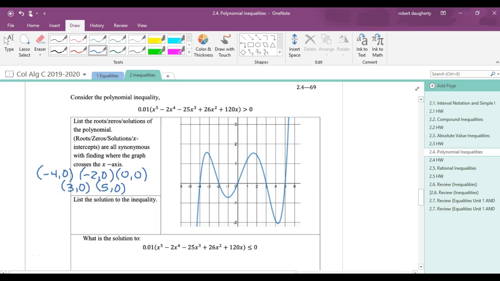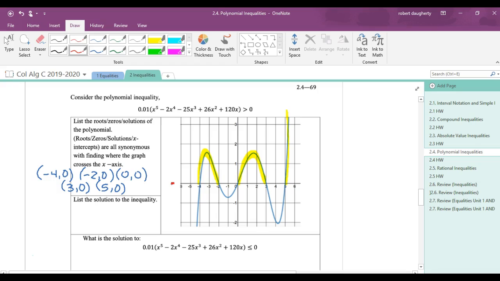Now, I'm asking for where is this greater than 0. So on the graph, it might help to highlight greater than 0. That's this part of the graph, this part of the graph, and this part of the graph. Now, the answer comes on the x-axis. That's why I always travel on the x-axis from left to right.